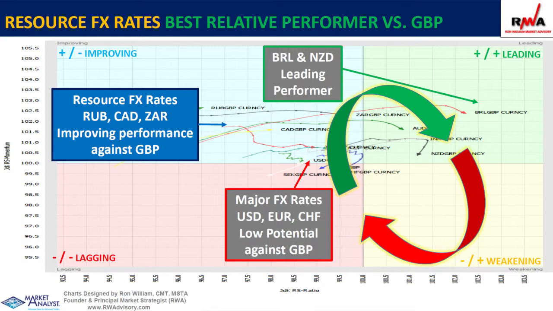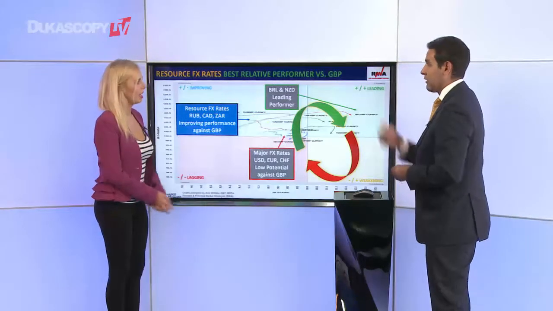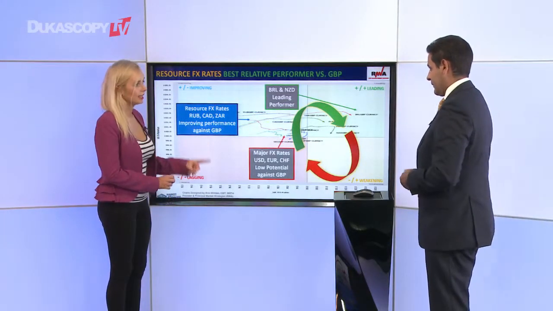The improving performers, the ones about to gain further upside momentum against the pound, are the resource FX or high-yielding currencies, such as the Russian ruble, Canada, and South Africa, the South African rand, all against the pound. These are all gaining momentum. But leading right now is the Brazilian real and the New Zealand dollar. The New Zealand dollar is actually the strongest, but according to this chart it's starting to unwind from high levels, and that is what the next chart is all about.